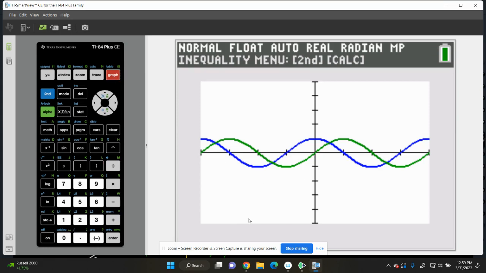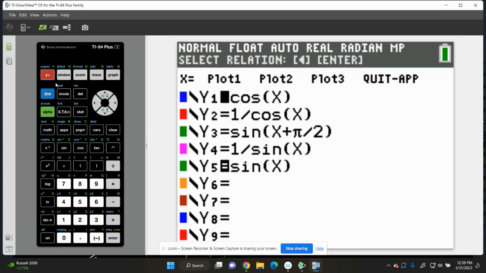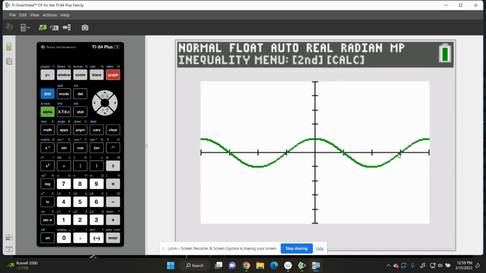They're the same curve, except shifted over, right? If I tell it to shift sine pi over 2 to the left, that's what adding pi over 2 there does. It ends up being the exact same thing as cosine.